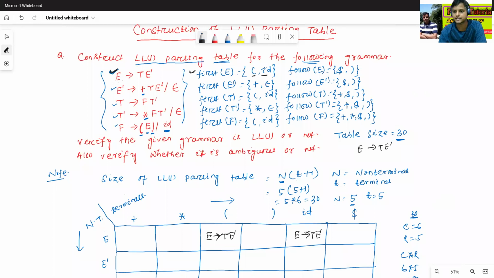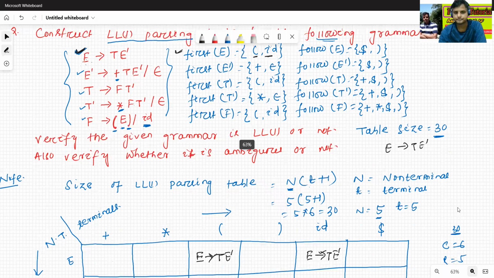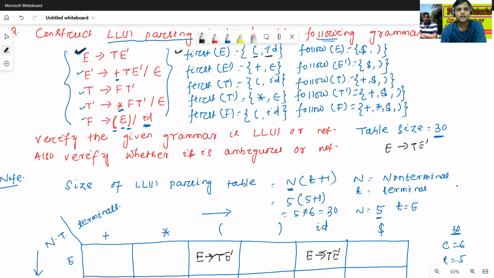Okay, now we'll see one more. See the next production here. I'm erasing this one. The second production is E prime → plus T E prime.